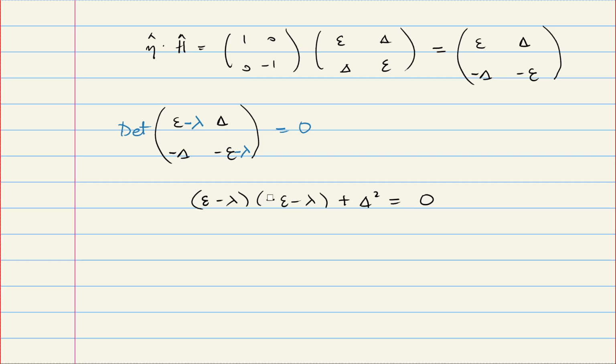This entire thing is going to be minus epsilon squared plus lambda squared plus delta squared equal to 0. From here we find lambda is equal to plus or minus the square root of epsilon squared minus delta squared.